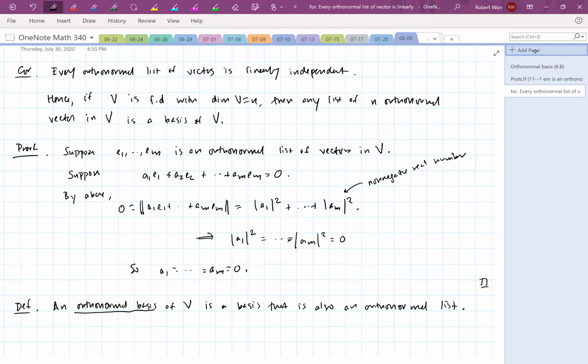Okay, so what are some nice properties of an orthonormal basis? Here's the first nice property. In general, I'm going to use the letter e here because it's going to be an orthonormal basis in a second.